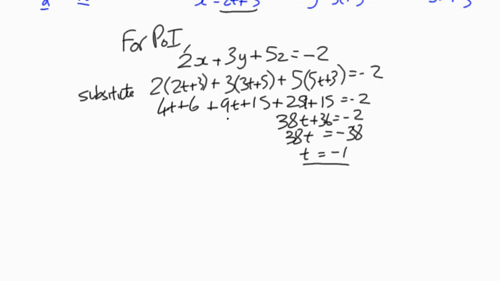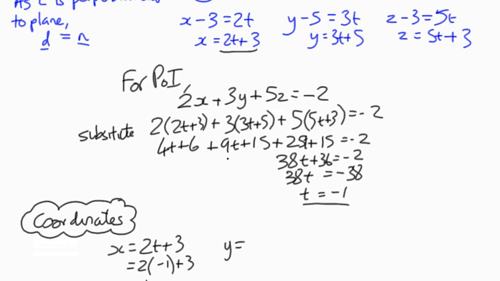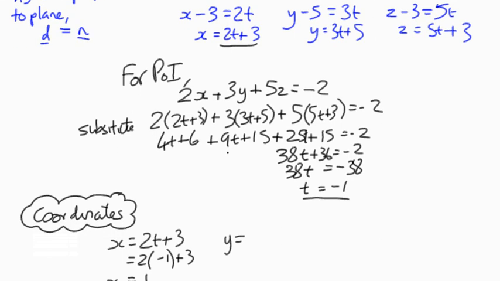That's not the actual coordinates of the point of intersection. So it's a simple matter of taking the three parametric equations. We've got x equals 2t plus 3, which means that our x coordinate is going to be 2 times negative 1 plus 3, which is 1. Our y version is up at the top there, 3t plus 5.